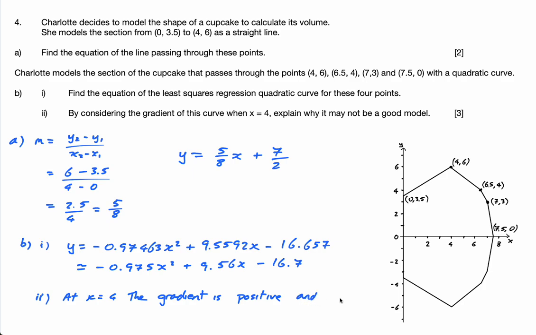And a better model would have a negative gradient. That's definitely enough, a negative gradient. But that's what they want you to see, that it should go down like that, not up and then down.